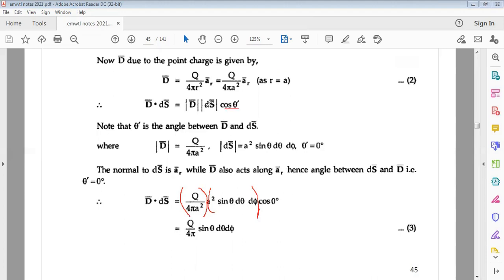And in the dot product formula, the cos theta is there, cos 0 degrees. So D bar dot dS bar is equal to Q by 4 pi, and here the A square gets cancelled, sin theta d phi, and cos 0 is 1. So D bar dot dS bar is equal to Q by 4 pi sin theta d theta d phi. Got it, my dear students?